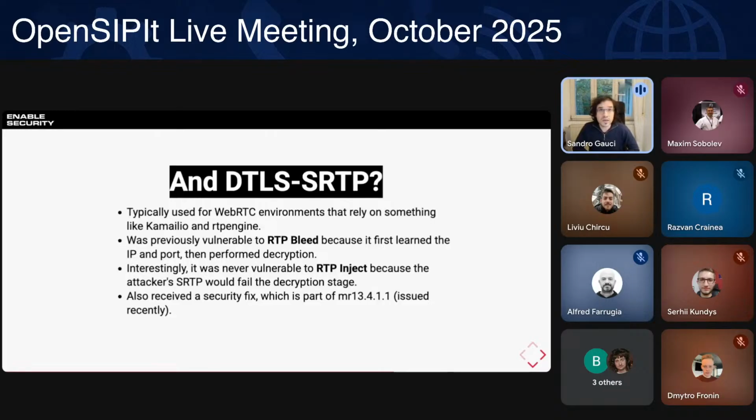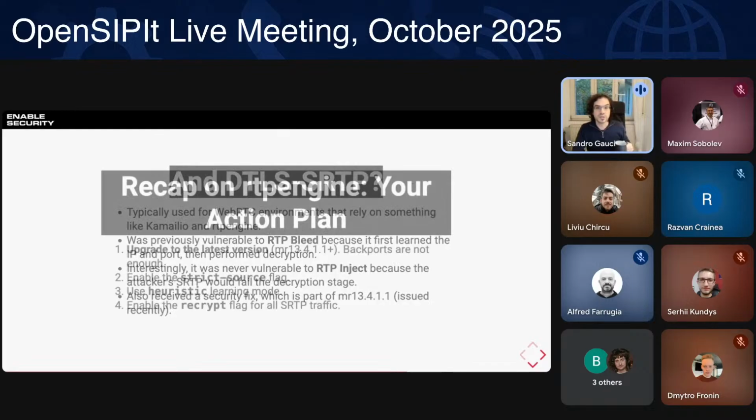Now, this also had a security fix where the logic was changed so that first it does the decryption and then it does the IP learning. And this solved the RTP bleed in the TLS SRTP and RTP engine.